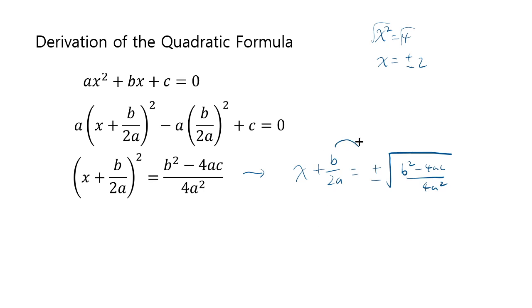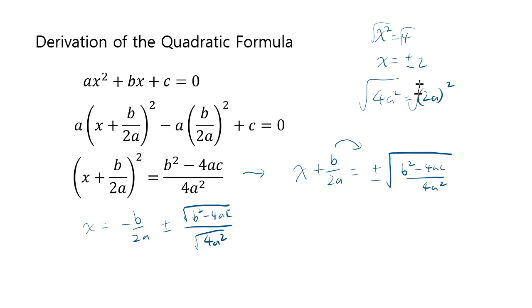Then we move b over 2a to the other side, and you get x equals negative b over 2a. And then because square roots can be applied top and bottom separately, if you think about 4a squared, that's 2a squared, right?